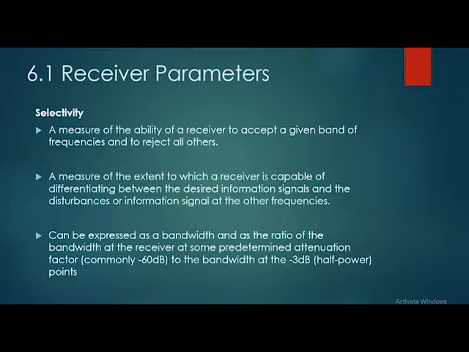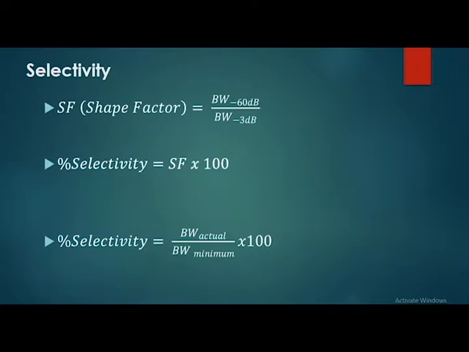It can be expressed as a bandwidth and the ratio of bandwidth at the receiver at some predetermined attenuation factor, commonly negative 60 decibels, to the bandwidth at the negative 3 decibel half power points. Mathematically, shape factor SF is given by bandwidth at negative 60 decibels divided by bandwidth at negative 3 decibels.